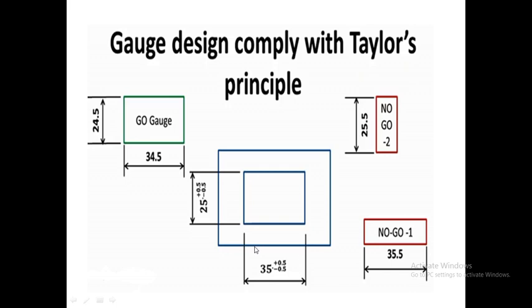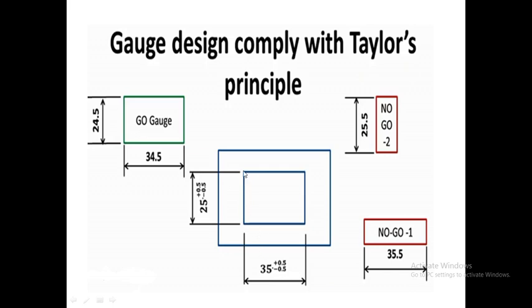That is, it will check either the length in a single pass and the height in another pass. So for no go gauge, we have to design two gauges, whereas for go gauge, only one gauge has to be designed, since it will check both the dimensions, that is the length and the height, in a single pass.